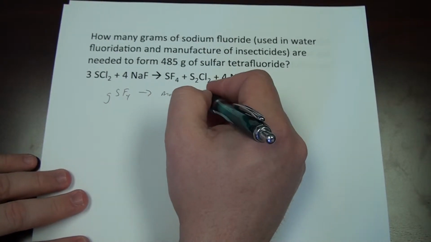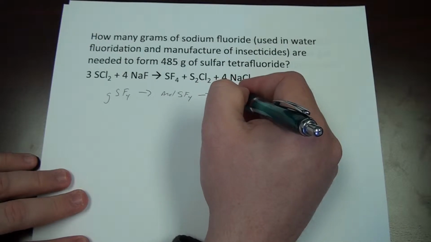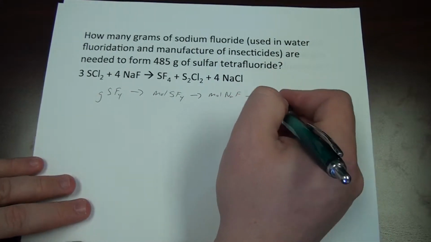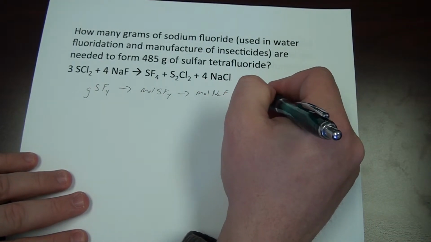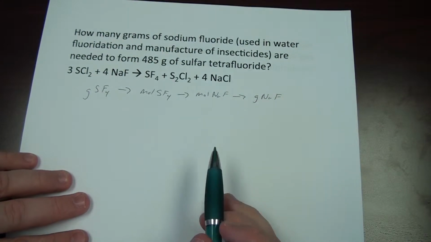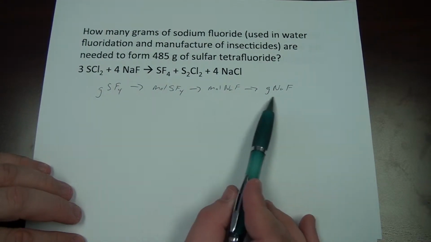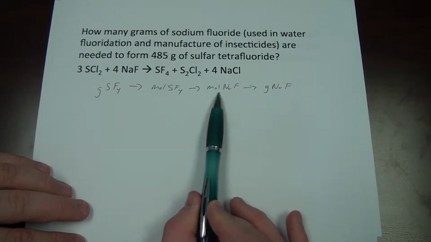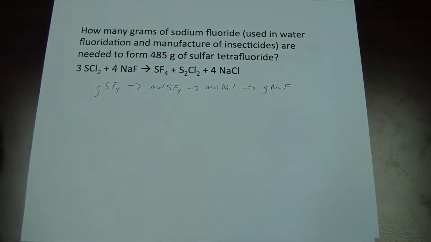From moles of sulfur tetrafluoride, we're going to figure out how many moles of sodium fluoride we had to react. And then we wanted a mass, so we have to then convert to grams of sodium fluoride. Right? To do the mass to mole conversions, we're going to use the molar mass. To do the mole to mole conversions, we're going to use our balanced chemical reaction.